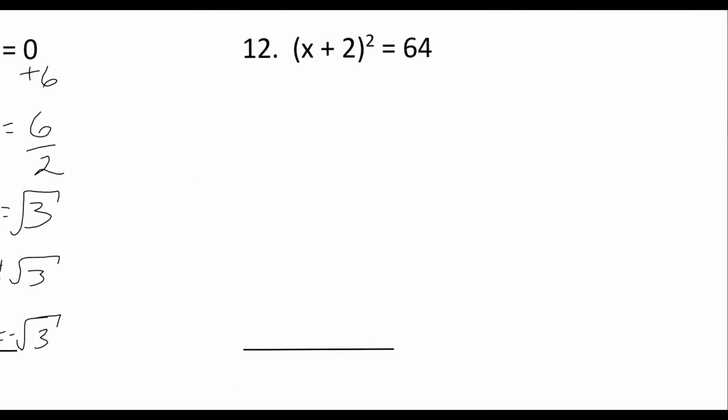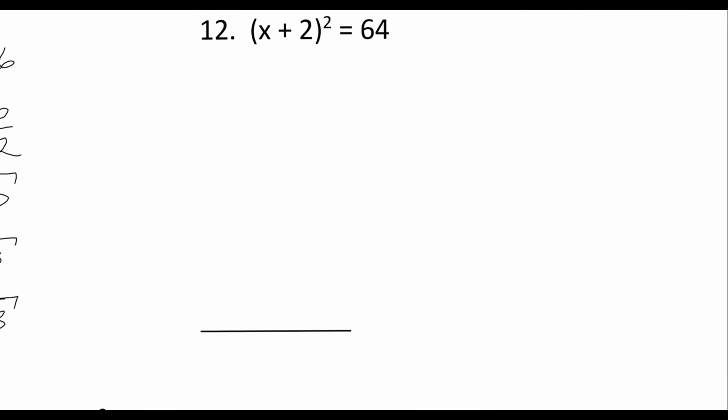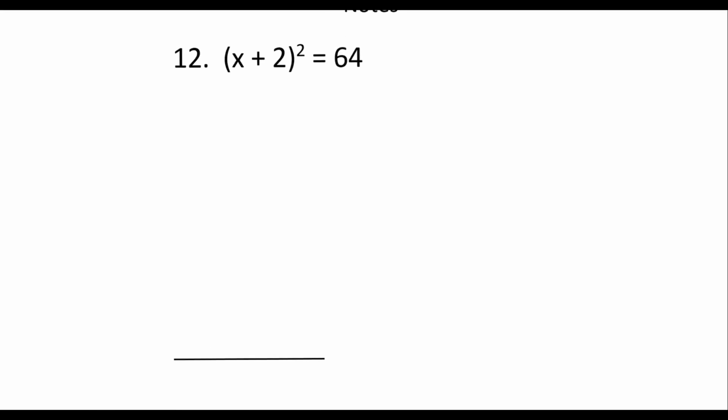Alright? Number 12. Number 12 is very simple. What we're going to do is just take the square root of each side here. That's going to be x plus 2 equals plus or minus the square root of 64. Now we all know that the square root of 64 is 8.